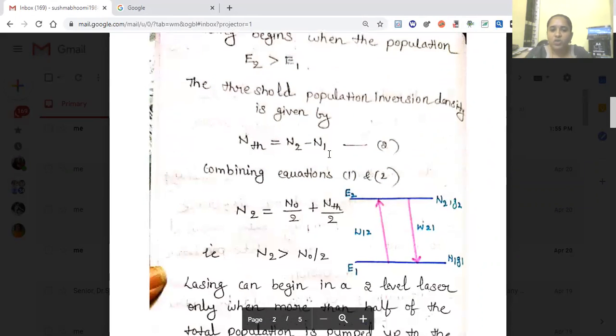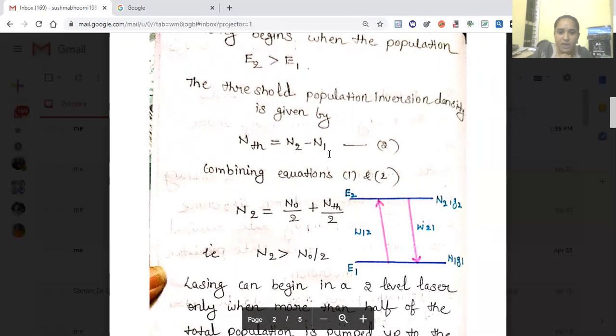What do we mean by threshold? That is, the gain should be more compared to the loss. So in the threshold condition, gain should be more. That is, n threshold equals N2 minus N1. The number of atoms N2 should be more in the E2 state.